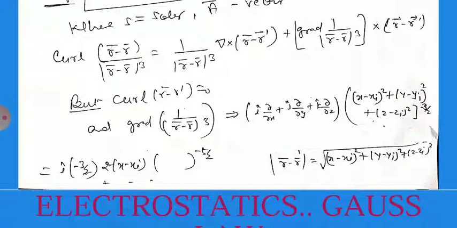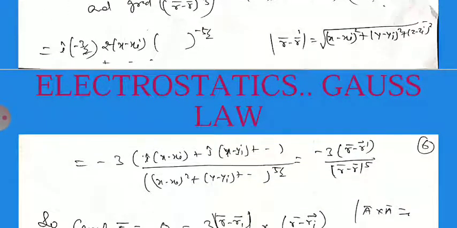To obtain this, for only the x component, i cap, minus 3 by 2 multiplied by 2(x minus x_i), with the bracket power minus 5 by 2. So this is equal to minus 3 [i cap (x minus x_i) plus j cap (y minus y_i) plus k cap (z minus z_i)] divided by this whole bracket to the power 5 by 2, and this is equal to minus 3 (r minus r') divided by |r minus r'| to the power 5.